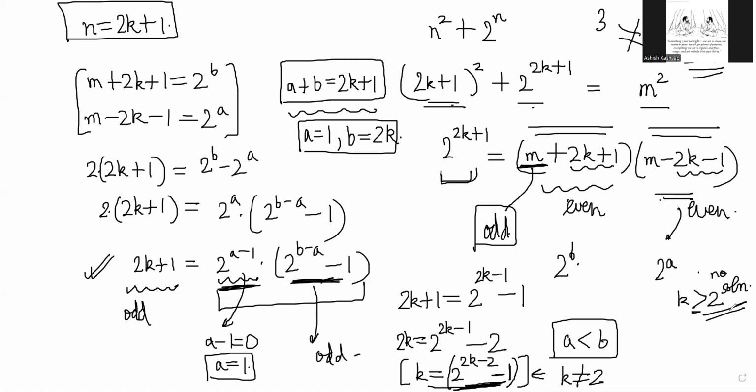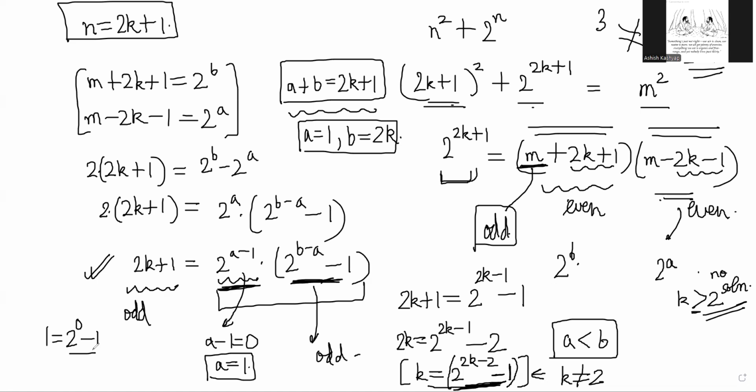We checked at 2, it was not coming, and higher than 2, it also is not coming. Let's check at 1. What happens at 1? 1 is equal to 2 to the power 2 minus 2, 0 minus 1. That also doesn't fit. So k is 1 is also not working.